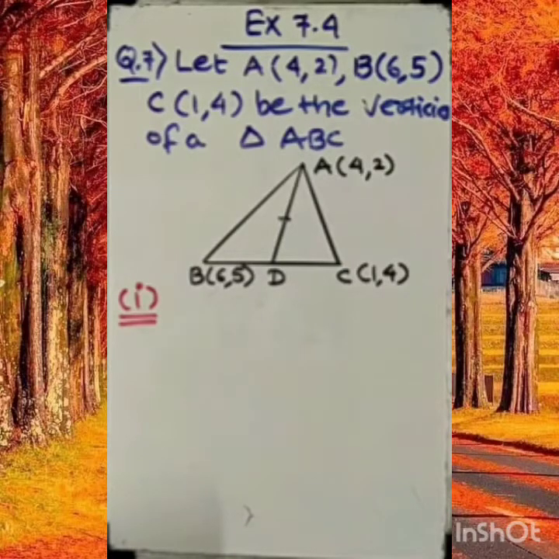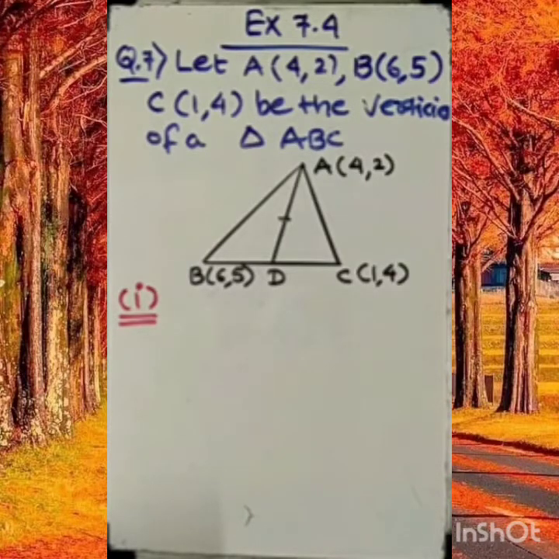Let's see question number 7. What are we given? Let A (4, 2), B (6, 5), C (1, 4) be the vertices of triangle ABC. This is the question we are given, and 5 questions just below it one by one.